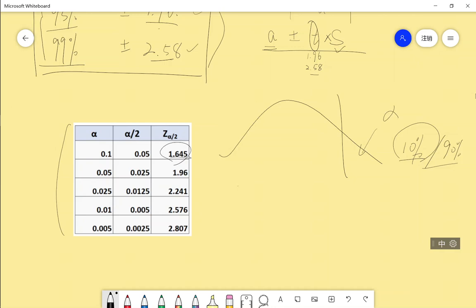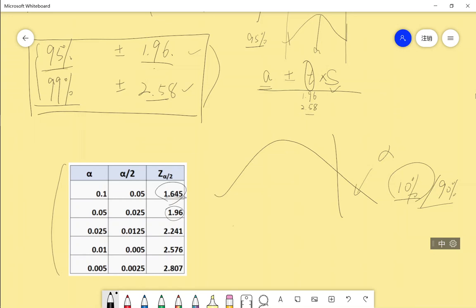And if you want 5% significance level, you get this number, exactly the same as I read here.